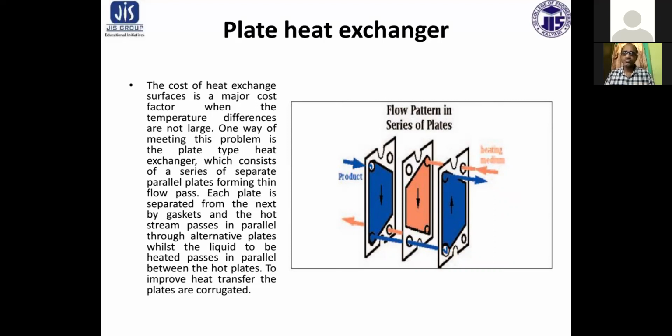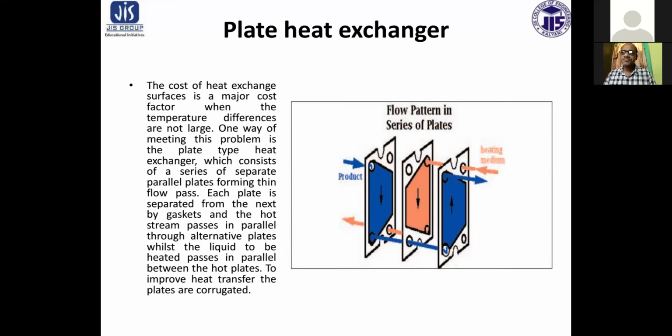A plate heat exchanger consists of a series of separate parallel plates forming a thin flow pass. Each plate is separated from the next by a gasket, as shown in the figure, and the hot stream passes in parallel through alternate plates, while the liquid to be heated passes in parallel between the hot plates.